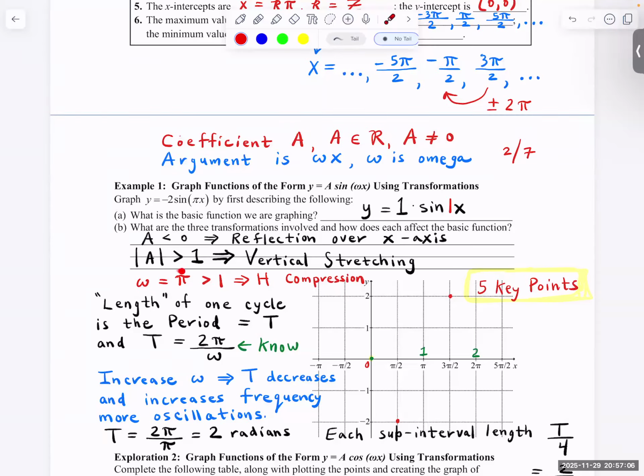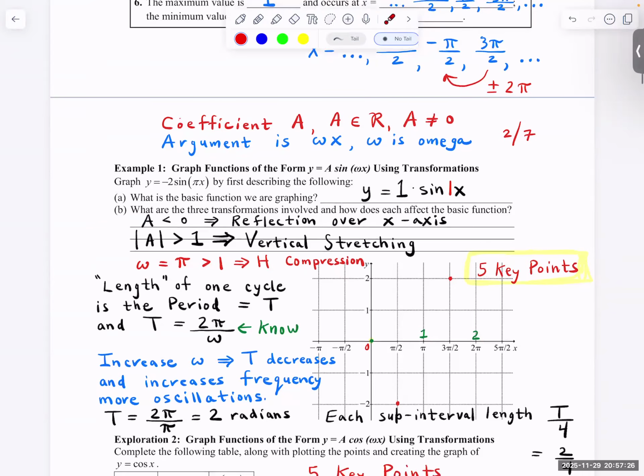Since omega is pi, which is 3.14, and is greater than 1, that means the original graph will have horizontal compression, and that occurs whenever omega is greater than 1. The length of one cycle is the period, and the letter capital T is used.